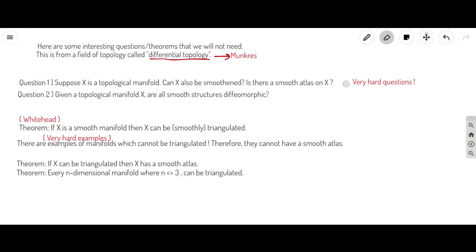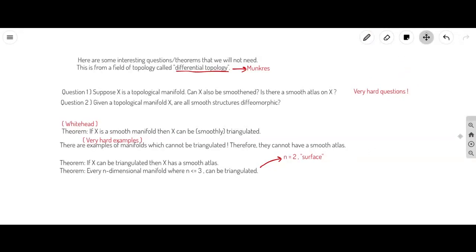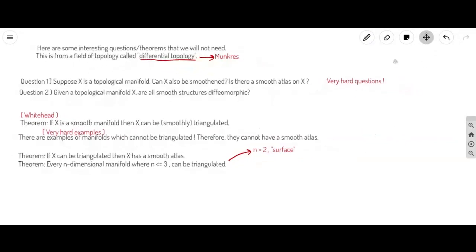So in particular, when n is equal to 2, you often call that a surface. So a surface can be triangulated, and therefore you can give it a smooth atlas.